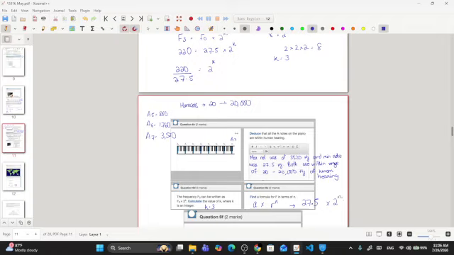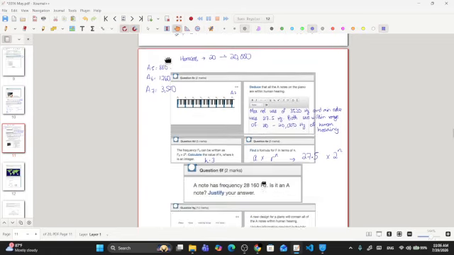So that's how we find the formula: 27.5 multiplied by 2 raised to the power of n. All right, yep, let's move forward.